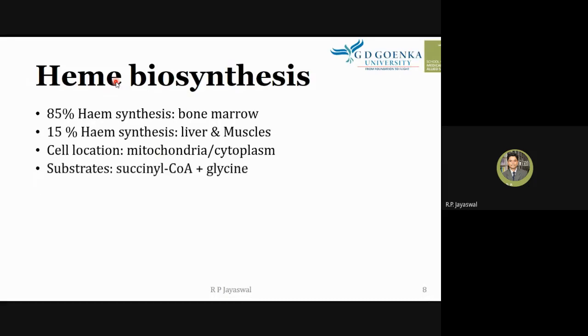Now, what substrates do we require for heme biosynthesis? What is the precursor? It is glycine and succinyl coenzyme A, the two biomolecules which act as precursors for the synthesis of heme in our cell.